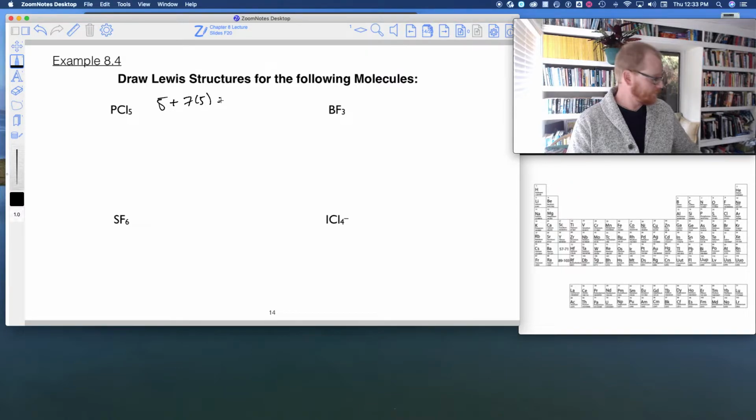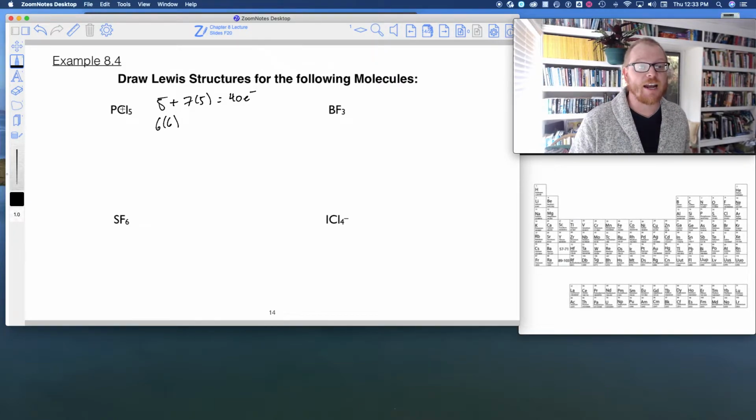Okay. So now Clark's rule. 6 atoms, 6 non-hydrogen atoms, right? Plus 2 equals 38.